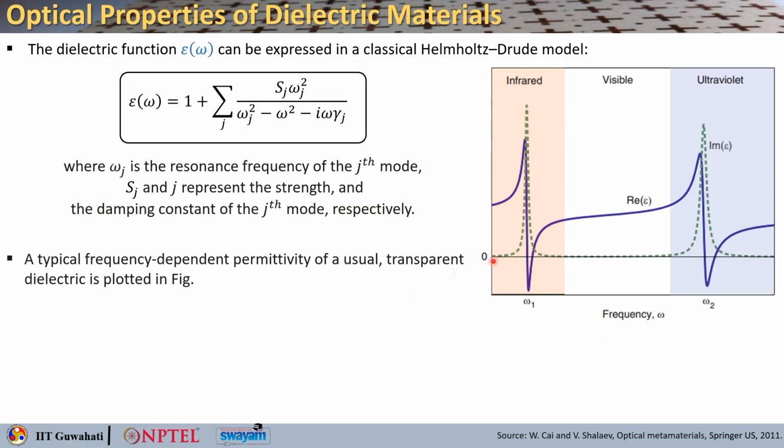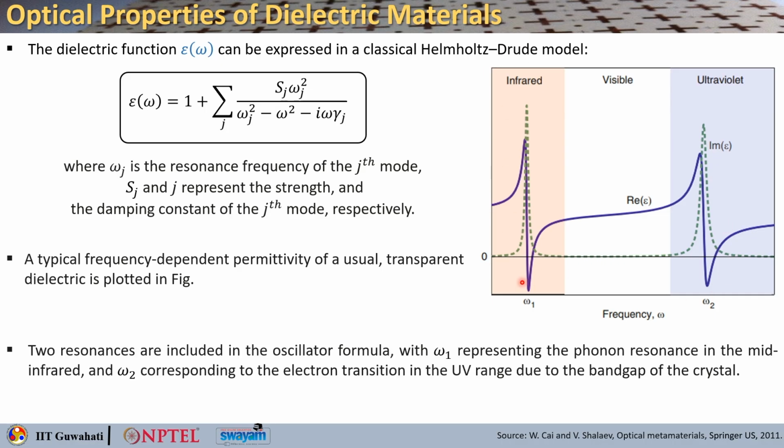A typical frequency dependent permittivity of a usual transparent dielectric material can be seen like this. Here it is completely transparent in the visible range, while in the ultraviolet and also in the infrared it is absorbing strongly.